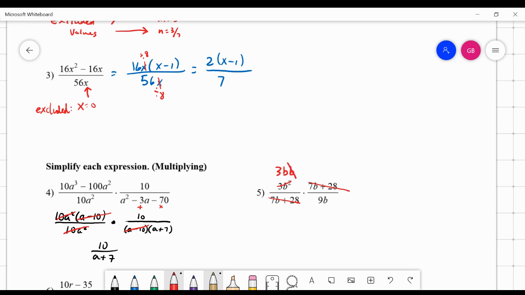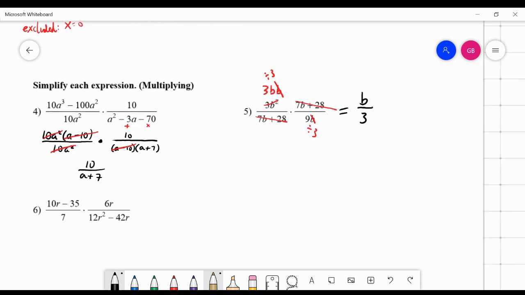So we could cross out one of these. And then 3 over 9, you could divide top and bottom by 3 as well. So that's going to leave us with just b on top and a 3 on the bottom, b over 3.